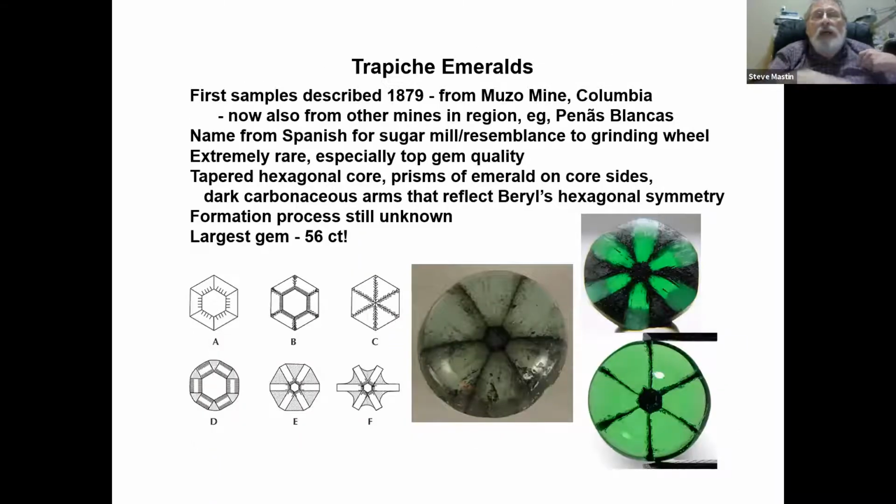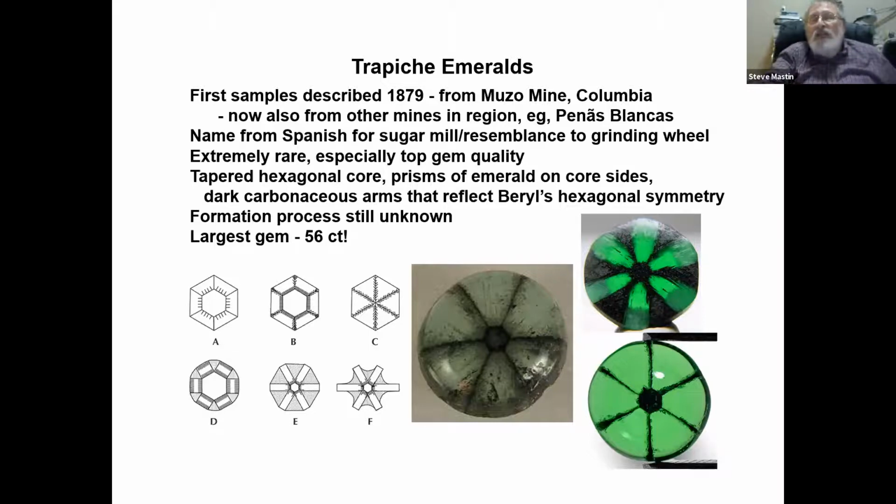Anyhow, these weird emeralds were first found in the Muzo mine, and now they've been found in a couple of other mines in the region. The strange name Trapiche comes from the Spanish for sugar mill. And Trapiche emeralds, when they're cut well, and this is all due to the cutter, because you get one of these weird looking crystals like we saw before, and somehow the cutter has to figure out what's the top.